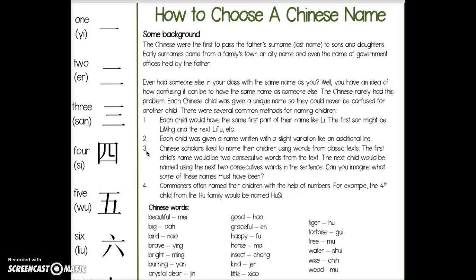The first child's name would be 2 consecutive words from the text or a story. The next child would be named using the next 2 consecutive words in the sentence. Can you imagine what some of these names must have been? Number 4, commoners often named their children with the help of numbers. For example, the 4th child from the Hu family would be named Hu Sai.